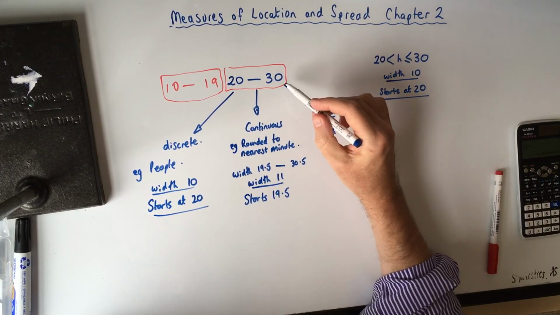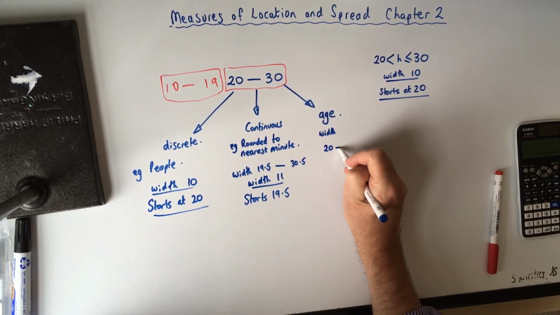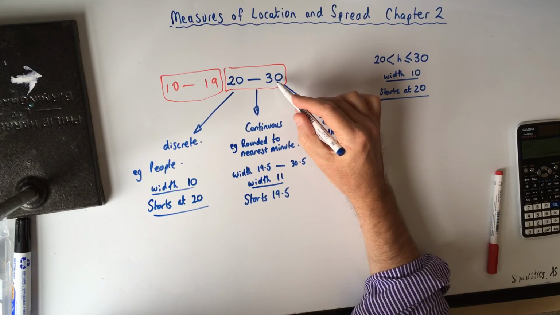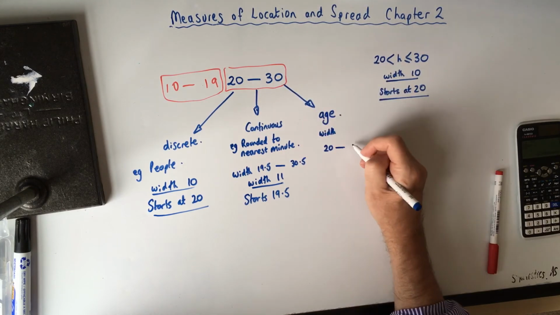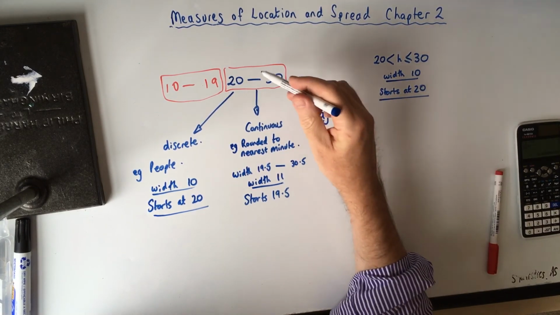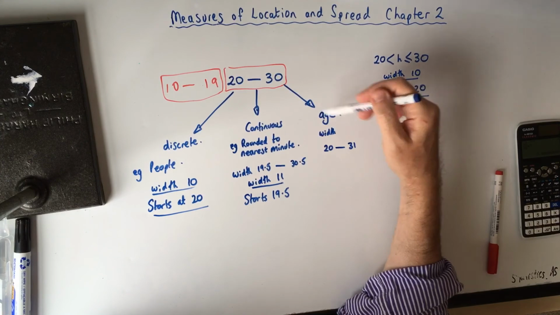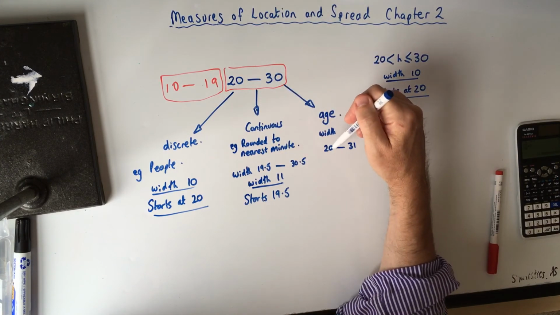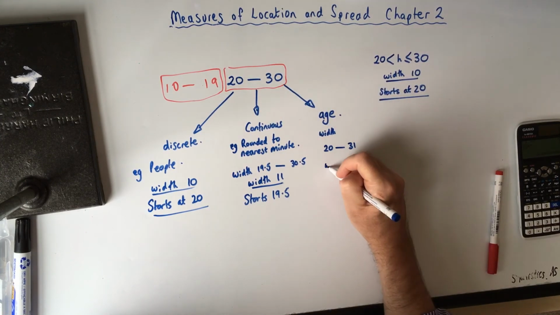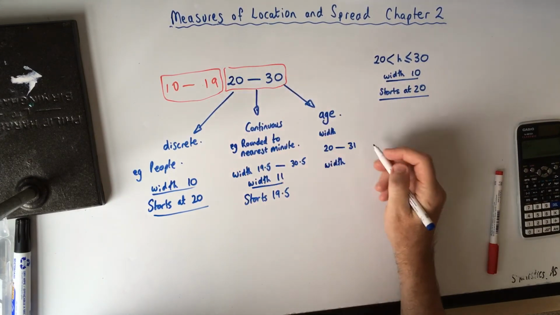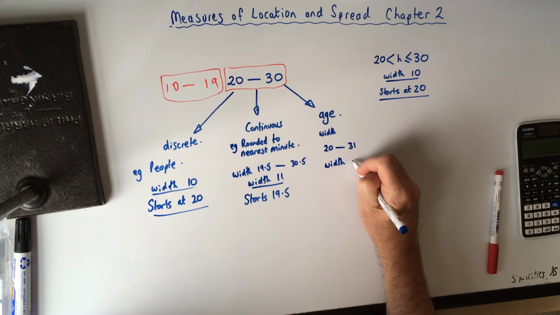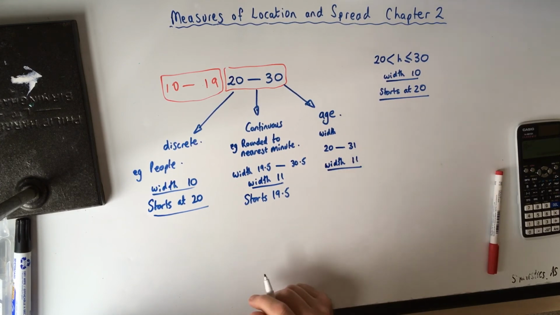But when you turn 30, you can be 30 for another 6 months. You're still called 30, not 31. You're not called 31 until you reach 31. So if they say it's a group that has age, then the group width is 11, because it's going from 20 up to 31.